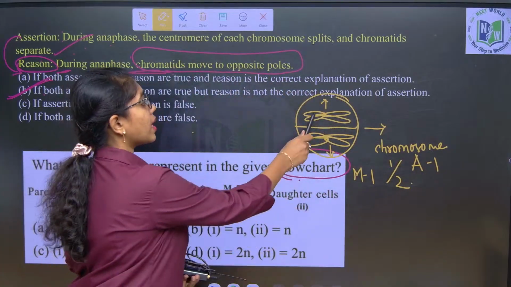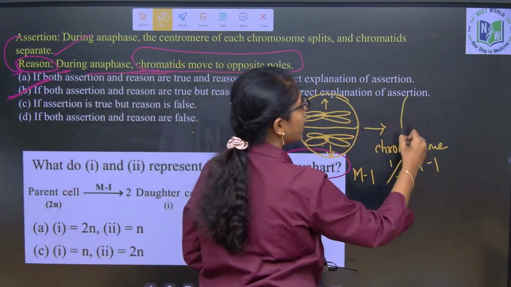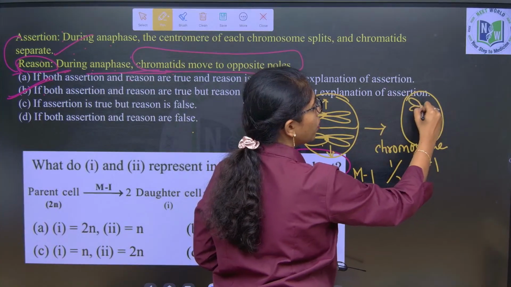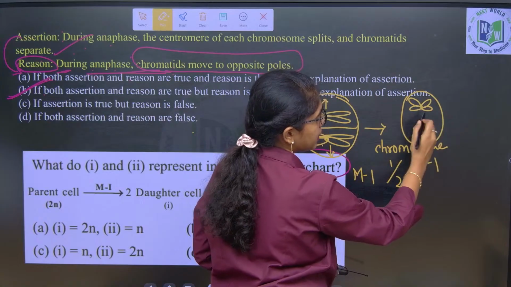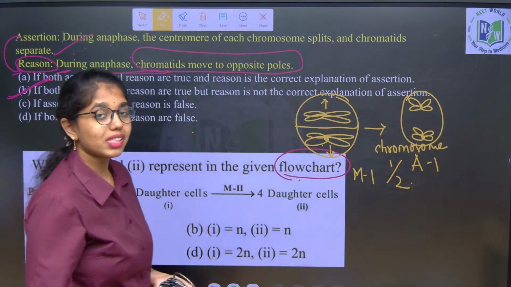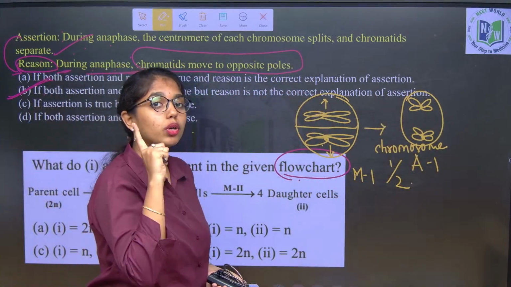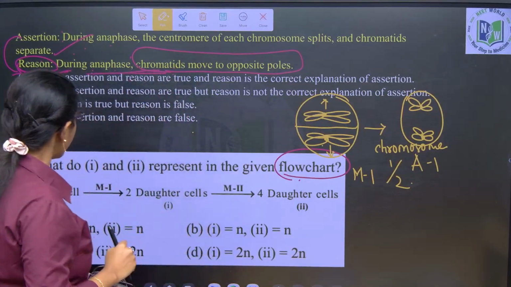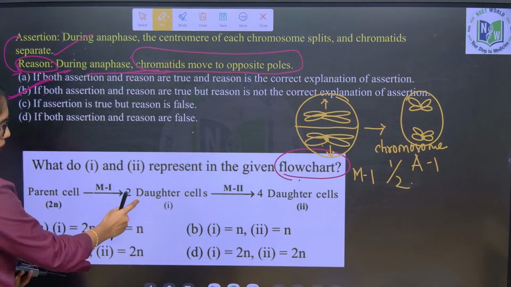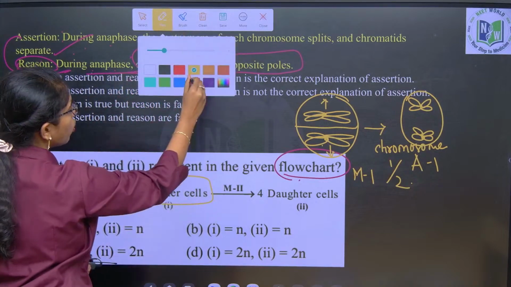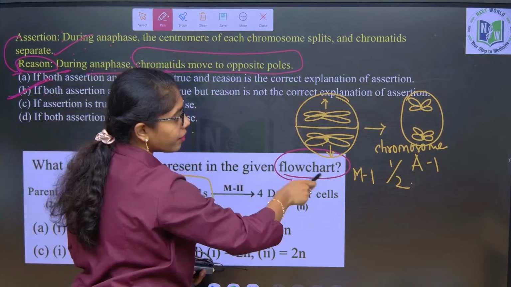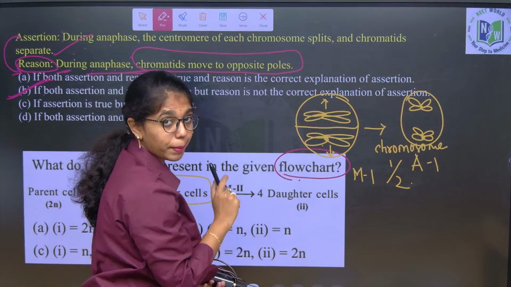Understood? Here you can see 2 chromosomes, but 2 chromosomes are separated to the opposite poles, indicating only 1 chromosome per cell. So after meiosis 1, in these 2 daughter cells, you can see half the set of chromosomes. Here you have the complete set of chromosomes in metaphase 1.